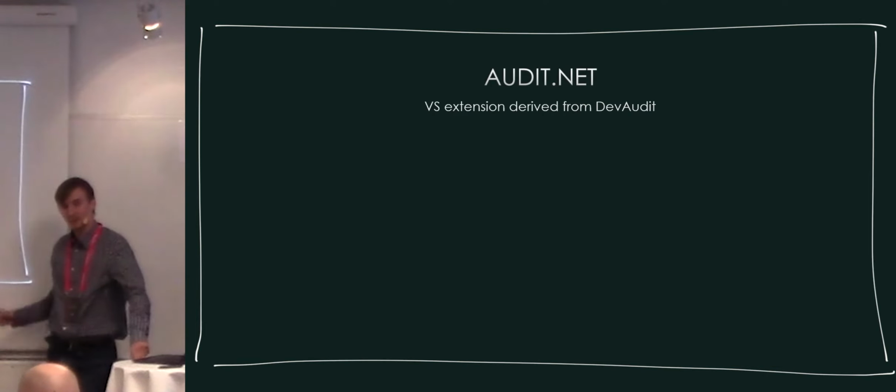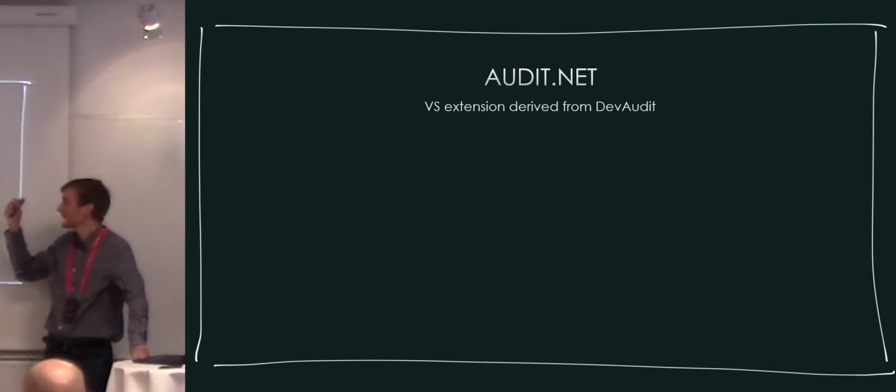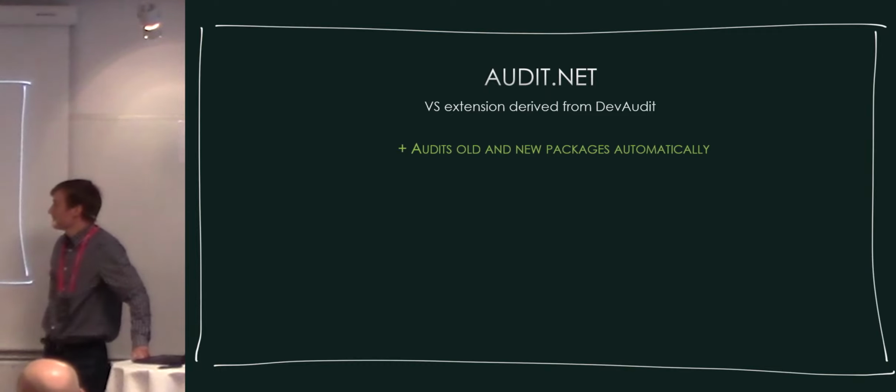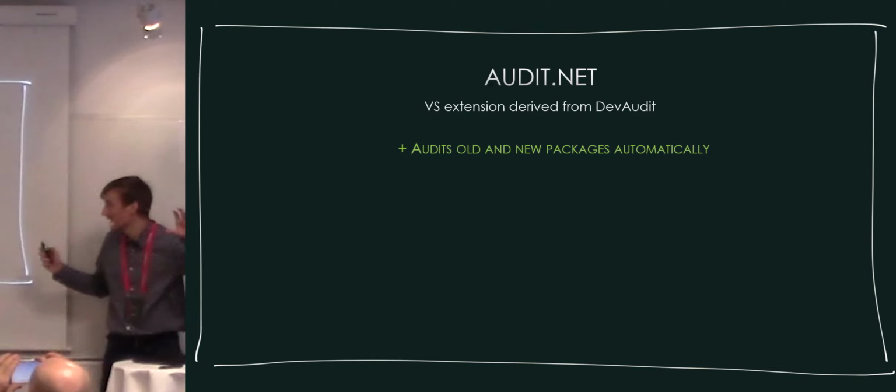However, the developers of DevAudit went forward, and they made an extension for Visual Studio, and I think this is big. It has only 1,800 downloads on the Visual Studio Marketplace, which is nothing, pretty much. So we can add another 50 today. You install the extension and then it starts auditing everything automatically.